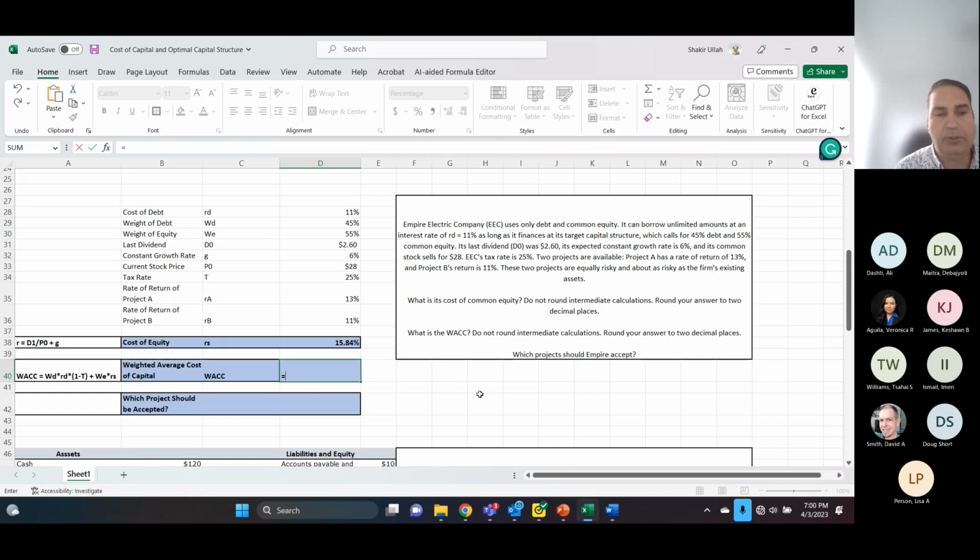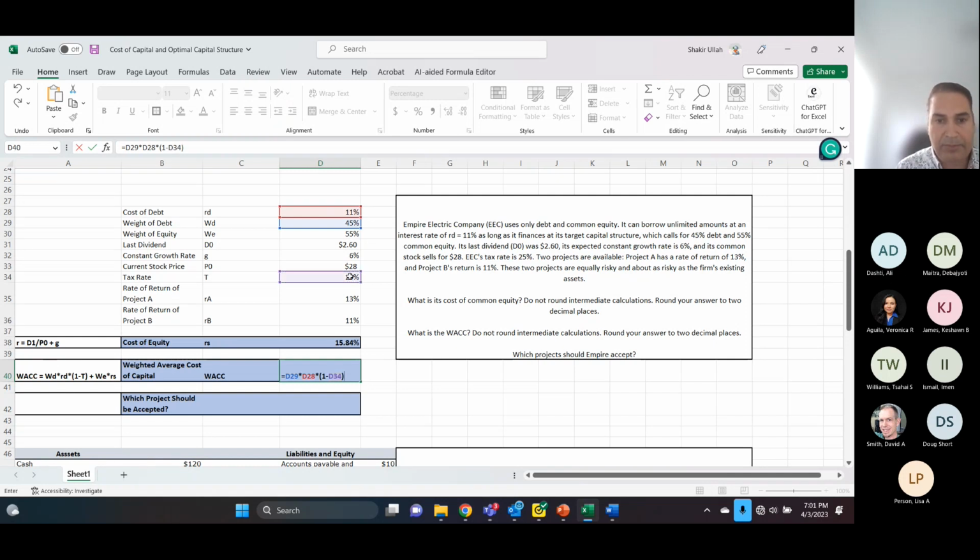So WACC would be equal to, we start with this formula, weight of debt, 45%, multiplied by, look at the formula, cost of debt, that is 11%, multiplied by parenthesis start 1 minus tax rate. Tax rate is 25%.